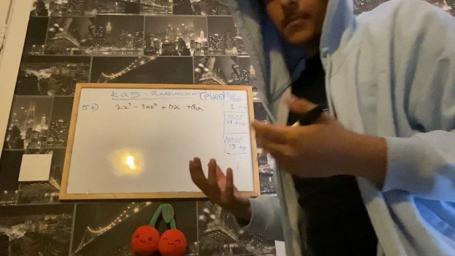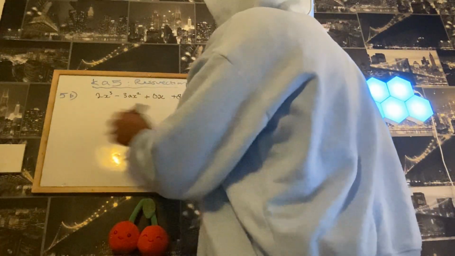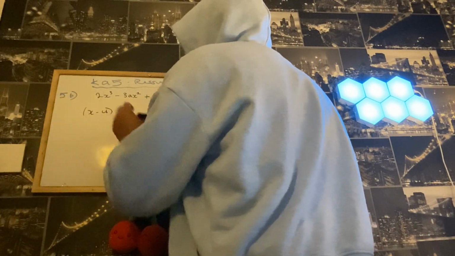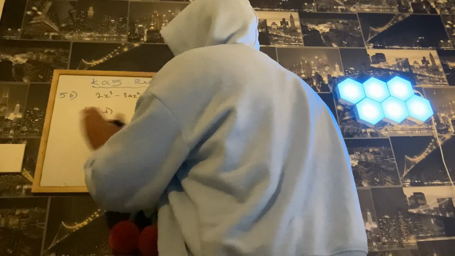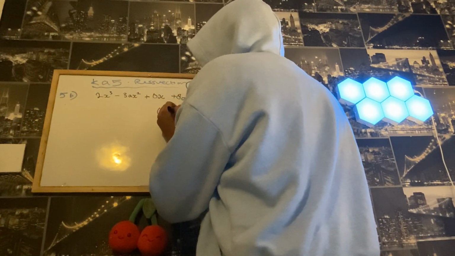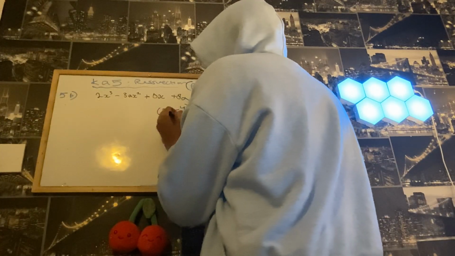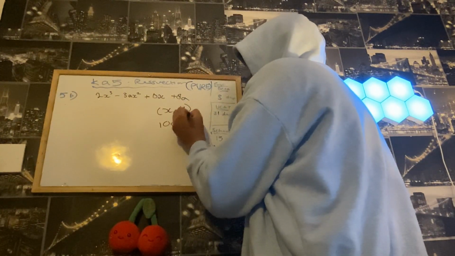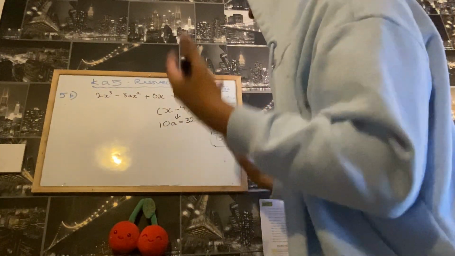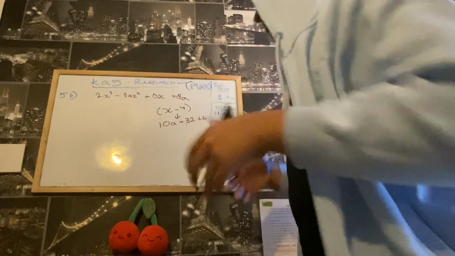If I just bring this a little closer, hopefully you're able to see that. Perfect. We worked out what happens when we substitute it. So when we substituted it, we got 10a equals 32 plus b. Okay, that's what happened when we substituted it.